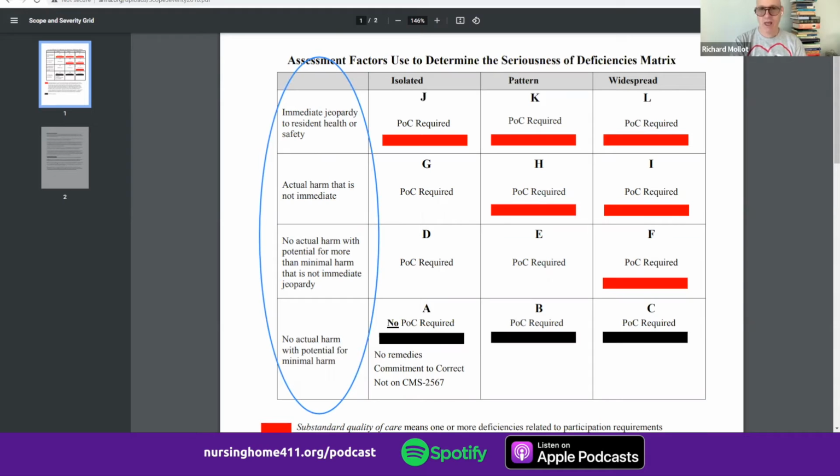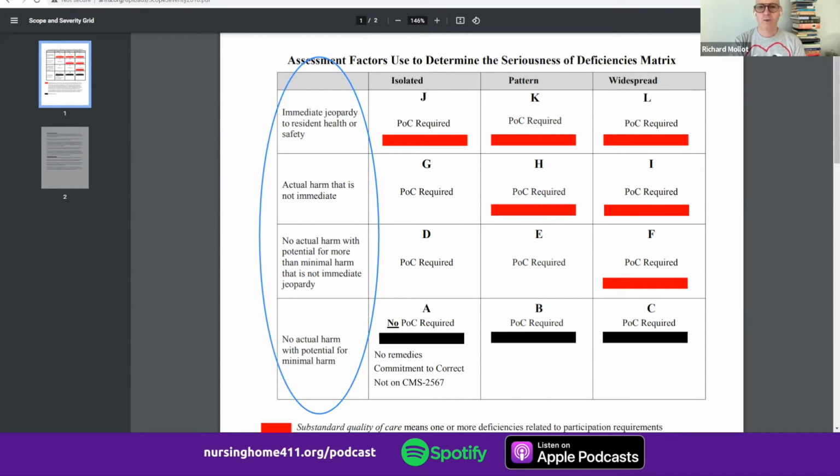And just as a side note, we have a lot of information for consumers and for the public on this grid and what all these things mean on our website. So you can go back and get more information if you're faced with these issues, if your facility is cited, et cetera, and you want to get a better idea of what was found.